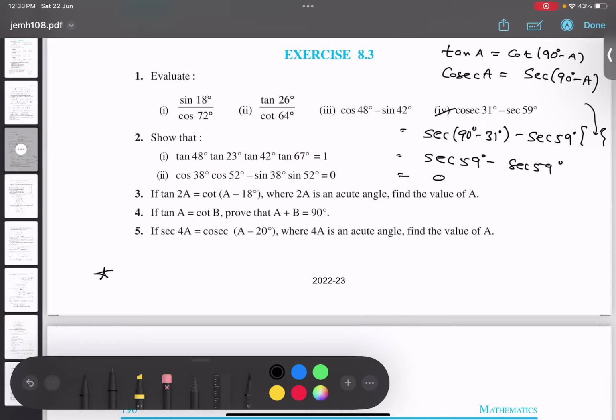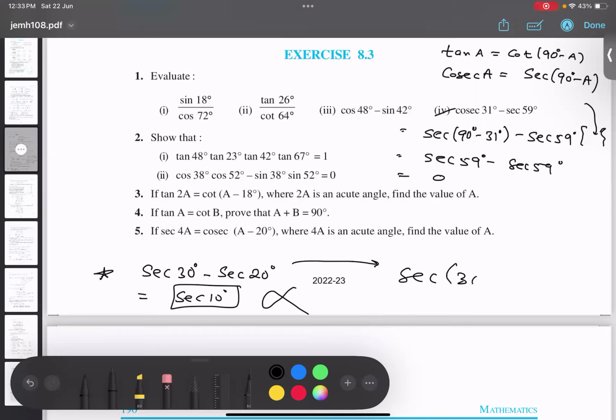Another major mistake students make: sec 30 degree minus sec 20 degree, students write sec 10 degree. This is absolutely wrong. I cannot solve this. Students are thinking I can take sec common, 30 minus 20, which is wrong.